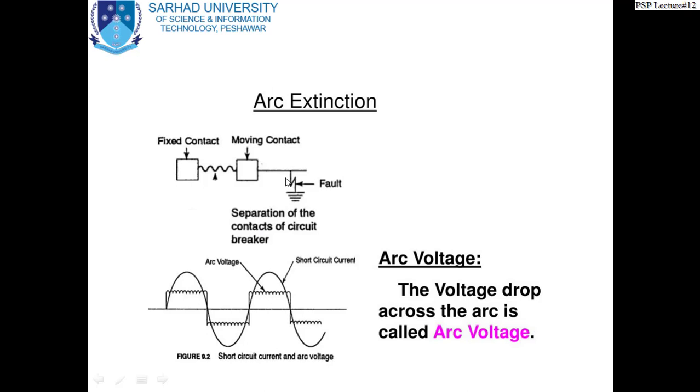This figure shows the sinusoidal wave, which is the normal current wave, and the zigzag is the arc voltage. This is the short circuit current, the sinusoidal wave, and of course we have the square type of wave and the zigzag, which is the arc voltage.